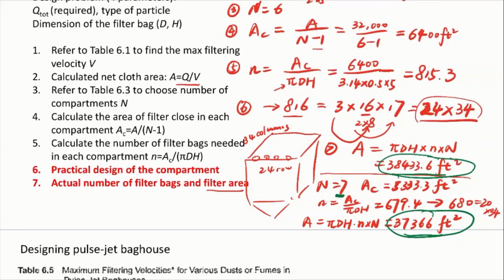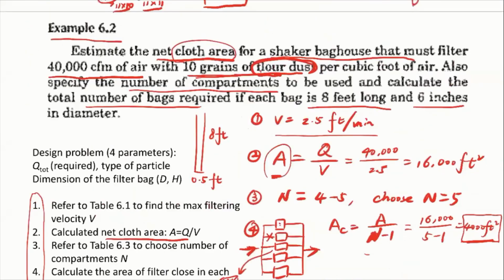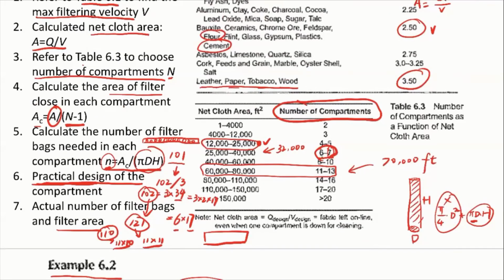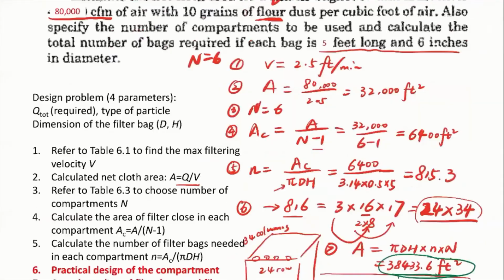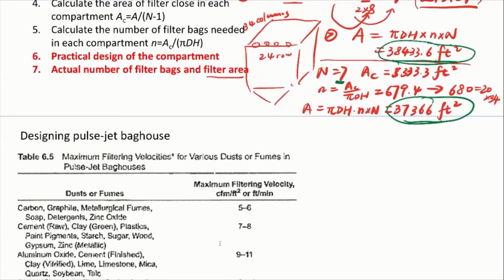So actually, it's smaller. The cloth area is smaller compared to the 6 compartment scenario. Okay, so that's why when we design the system, we don't necessarily need to consider which number we should use here. You can pick whatever you want for the practical design. Okay, so this is all for the design of the shaker baghouse.